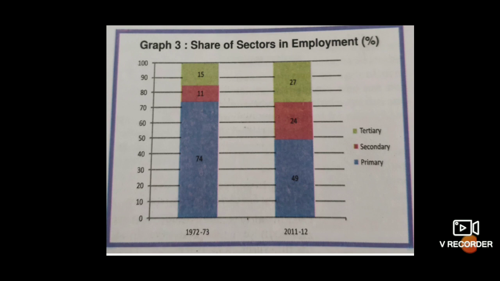At the same time, in the tertiary sector also, production in the service sector rose by 14 times, but employment in the service sector rose only around 5 times. Employment increased only 5 times, but those people are producing 14 times the goods and services. It means more work is done by fewer people.